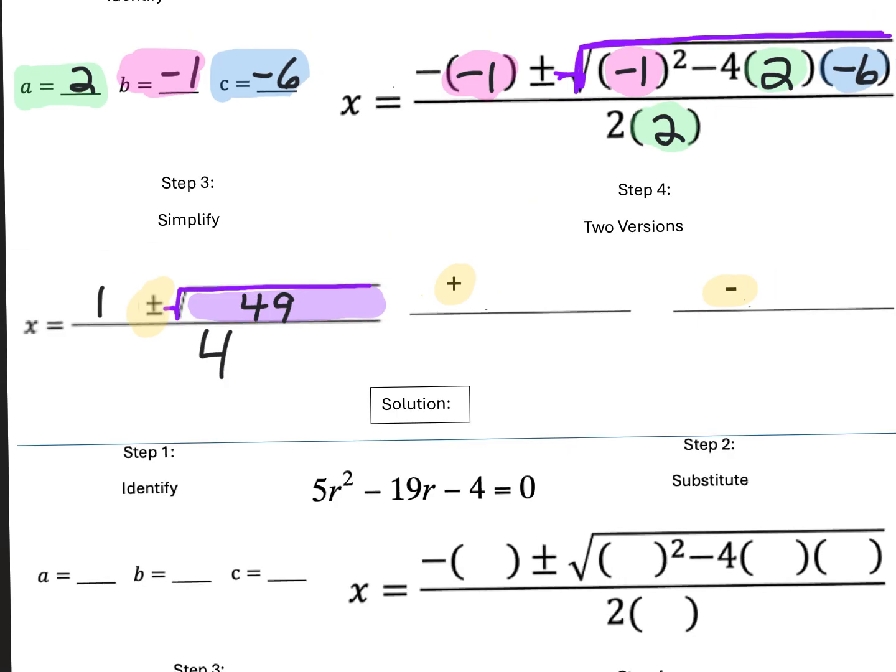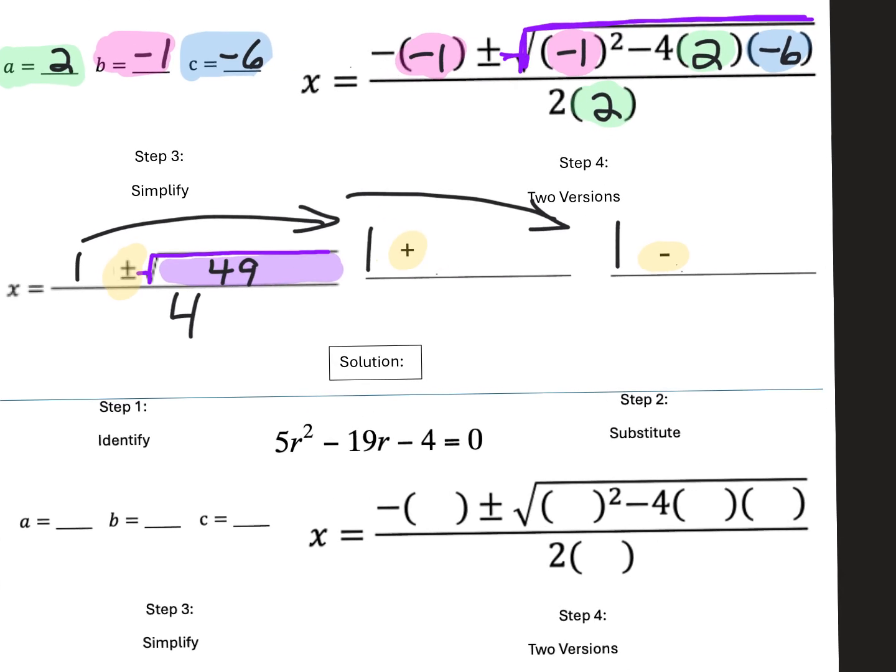So I'm going to carry my 1 over here and over here to the plus minus part of my graphic organizer. Then I need the square root of 49, which again is on the Desmos calculator. It's the button that looks like that. And the square root of 49 is 7. So I need to say 1 plus 7 and 1 minus 7.